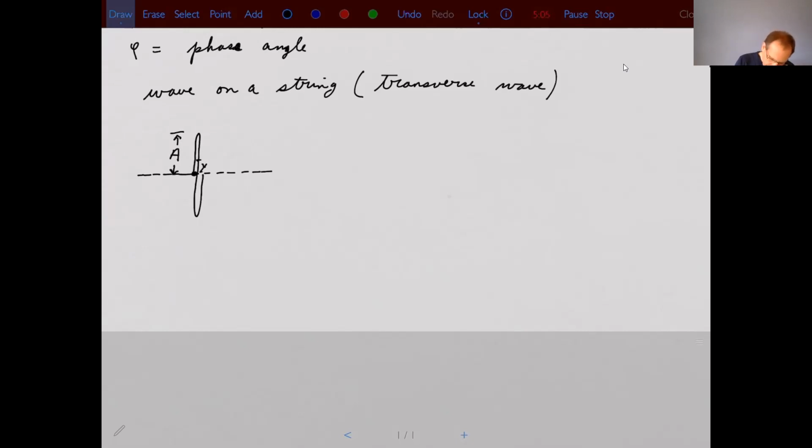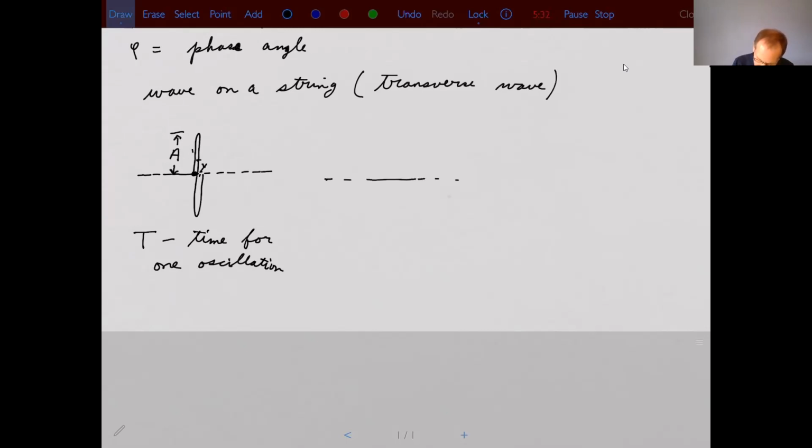The period is simply the time for one oscillation, the time it takes that particle to go up, back, and up again. And then the wavelength, so let me draw this out again.